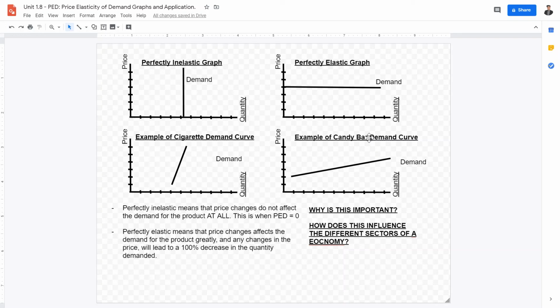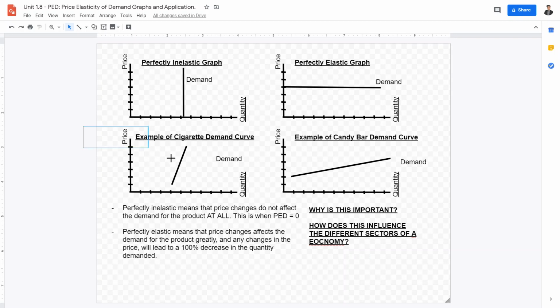However, when there is an increase in the price of an inelastic good, people will not stop buying the good. So that is the perspective of governments and taxes when it comes to the price elasticity of demand for a certain good.